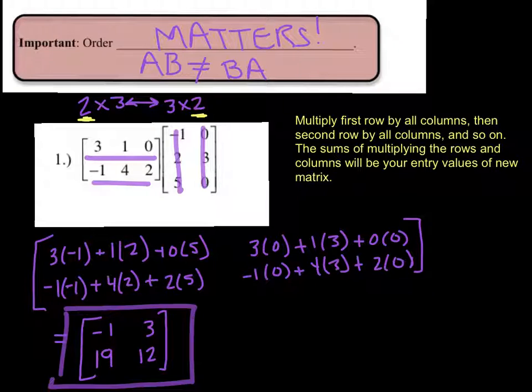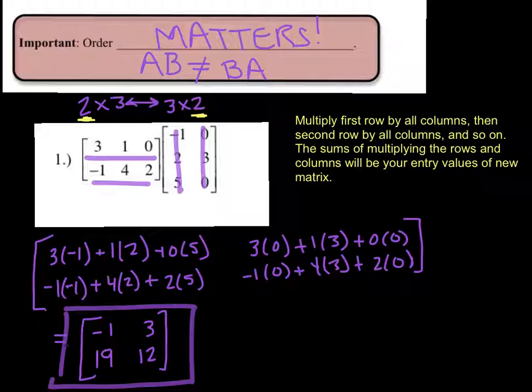So depending on how large your matrices are, you're just going to repeat that process. So multiply first row by all your columns, then the second row by all the columns. If you have a third row, multiply the third row by all the columns in the second matrix. And the sums of multiplying the rows and columns together will be your entry values of the new matrix.